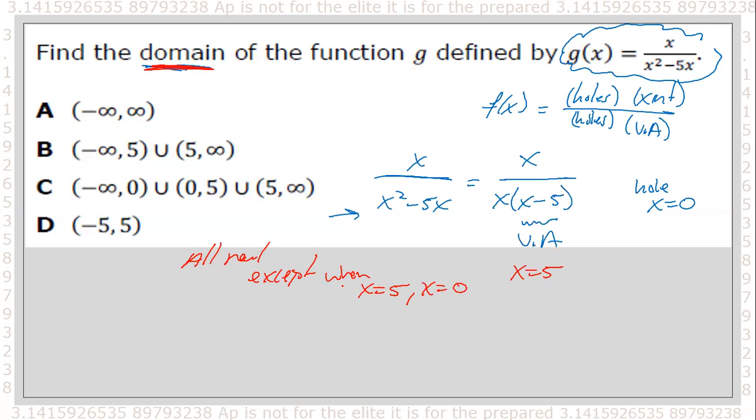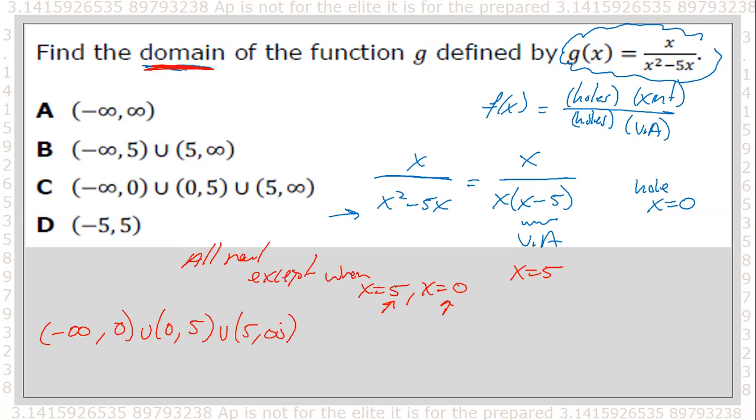Okay, writing this in interval notation, it goes all the way to the left, so negative infinity, all the way to the next number that we have, which is 0. Then it's a hole, so it's going to continue from 0 all the way to the next number, which is the vertical asymptote, which is 5, then 5 to infinity.